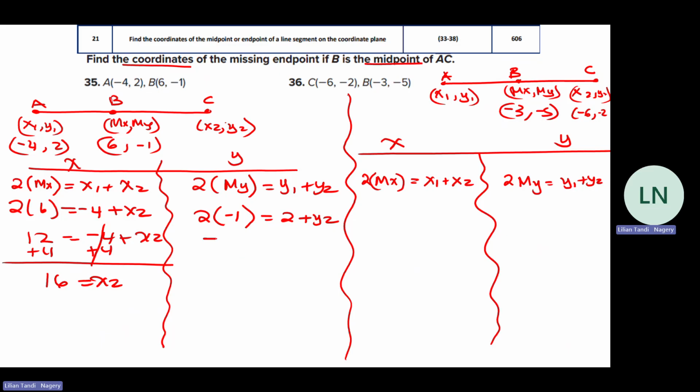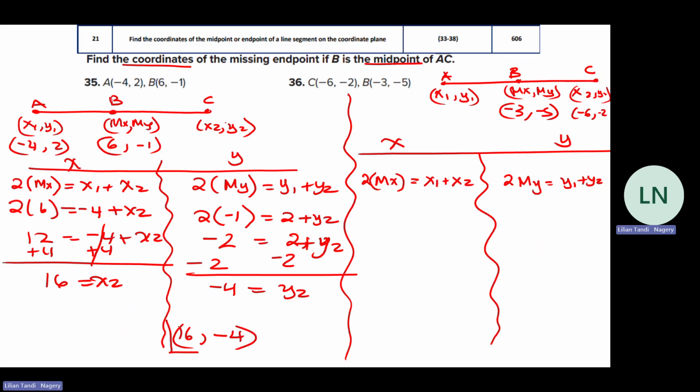Okay. -2 equals 2 plus y2. -2 minus 2, -4 equals y2. Our answer is 16, -4.